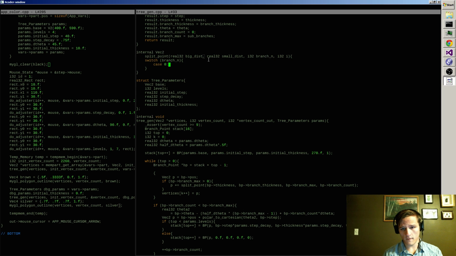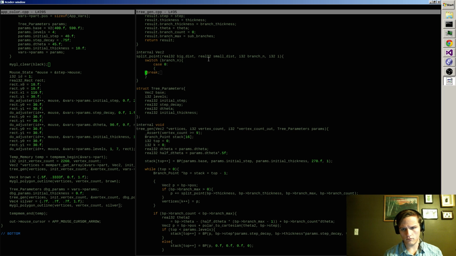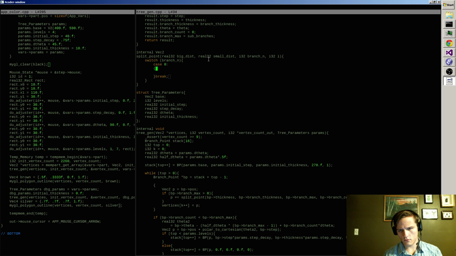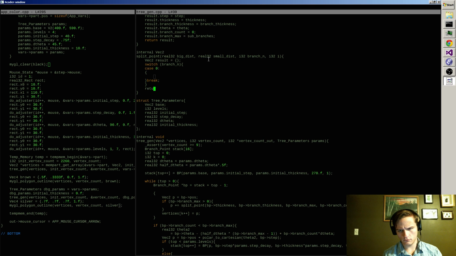So for case 0, I don't like my auto tabber right there. Case 0 is just going to return 0.